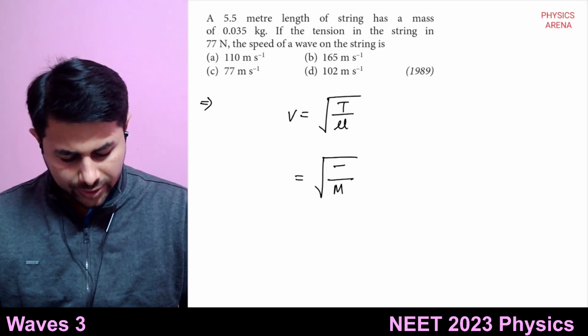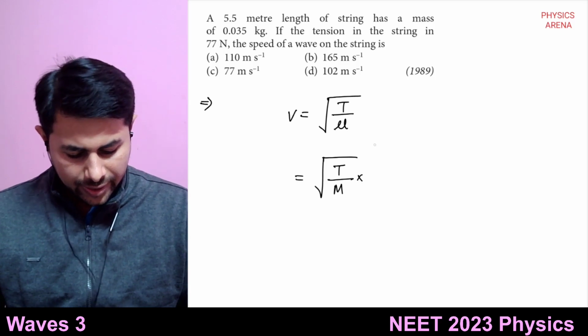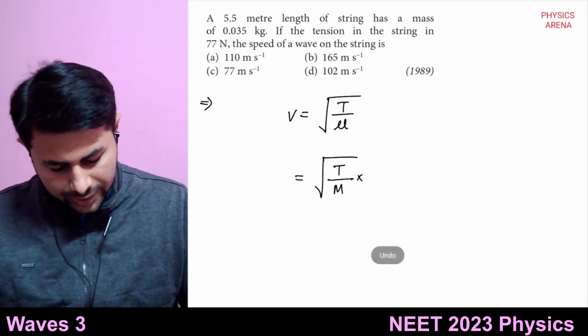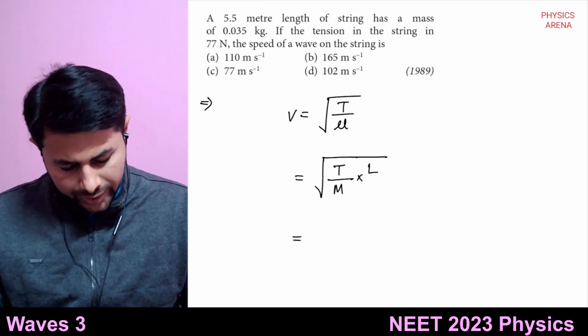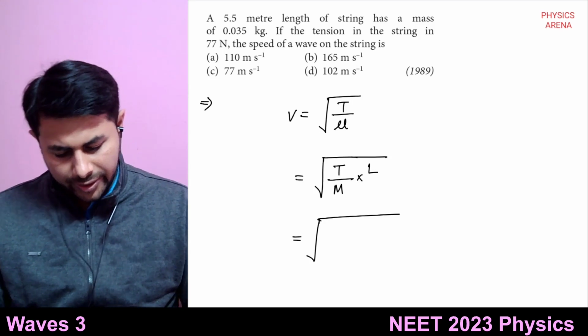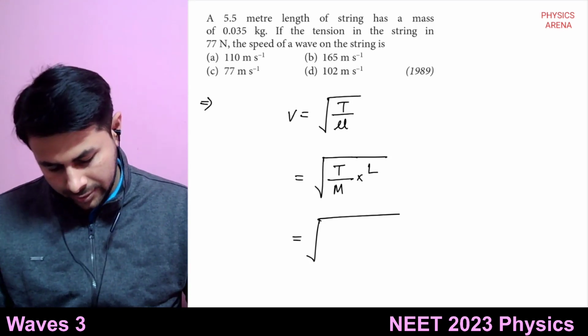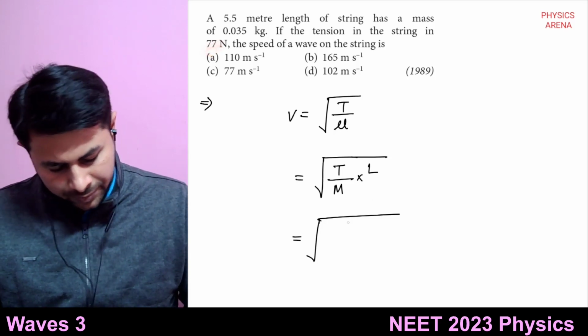So it is T upon m divided by L. L is in the denominator of the denominator, so this goes to the numerator. This is a simple, straightforward question. Let's substitute the values. T is equal to 77.